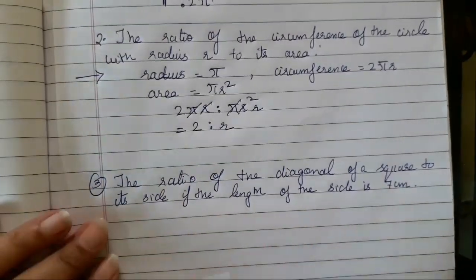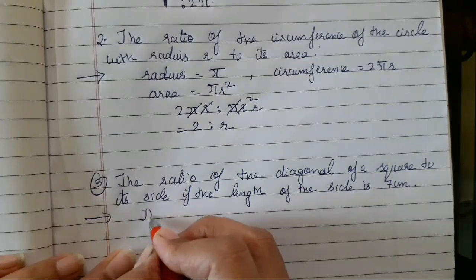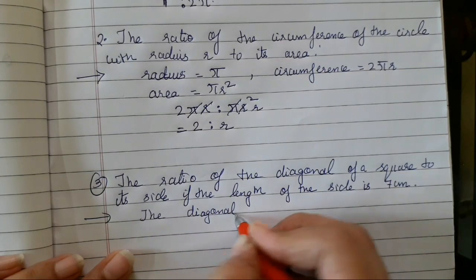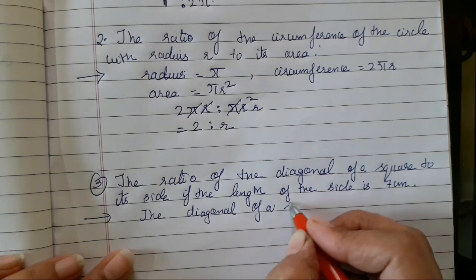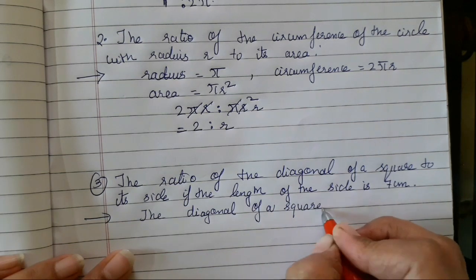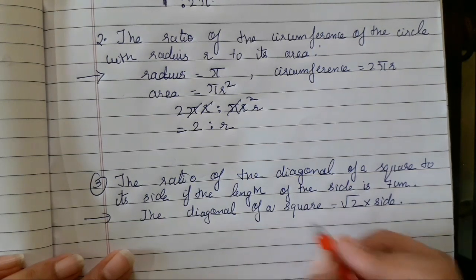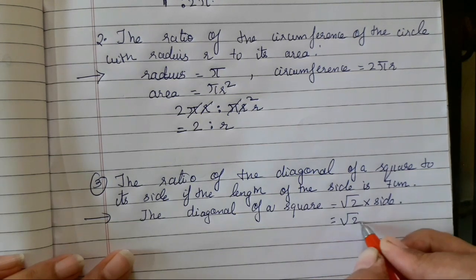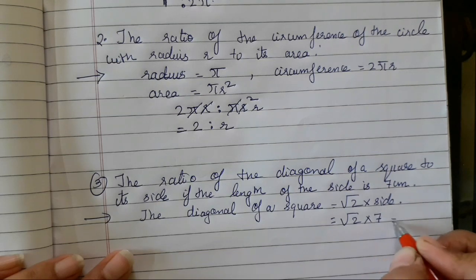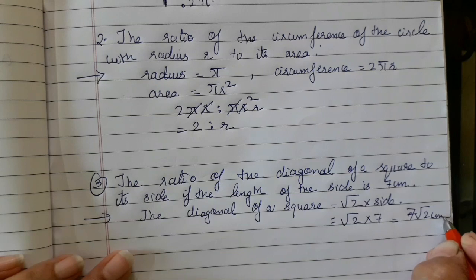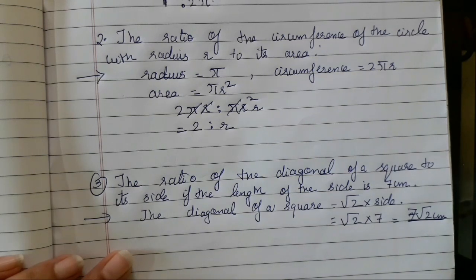Okay, so the diagonal of a square, what is the formula? Root 2 into side. Okay, so it is going to be root 2 into 7. So the answer is going to be 7 root 2 centimeter. Okay, so this is the answer for diagonal of a square.